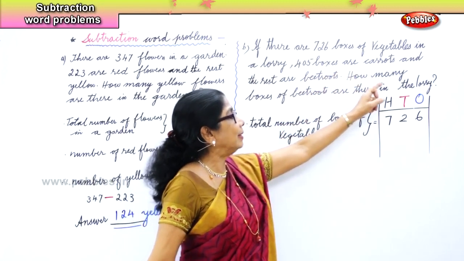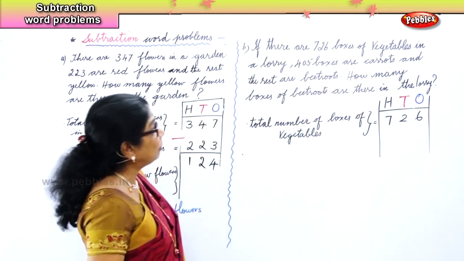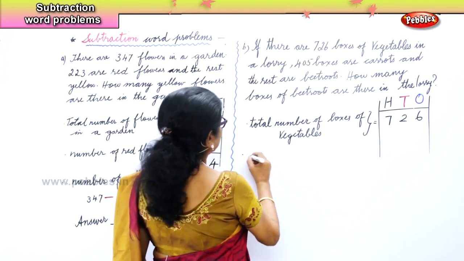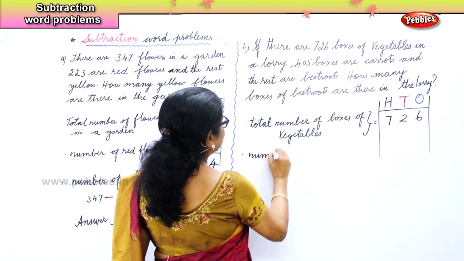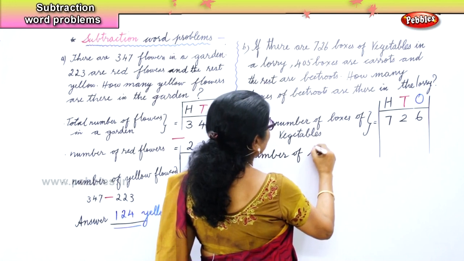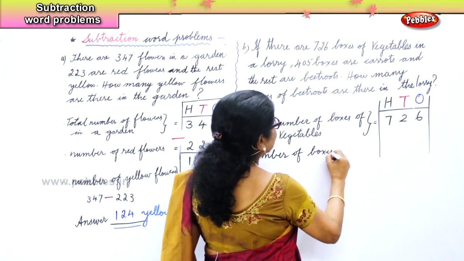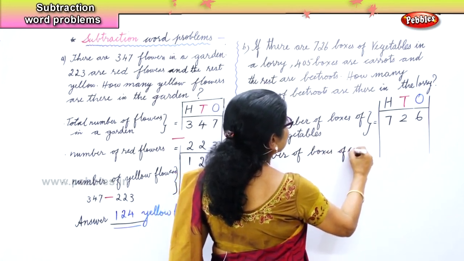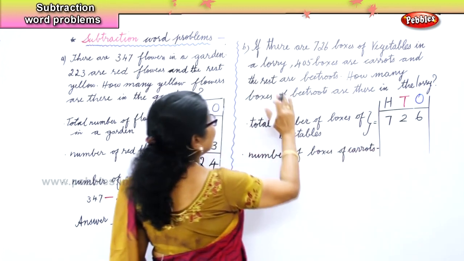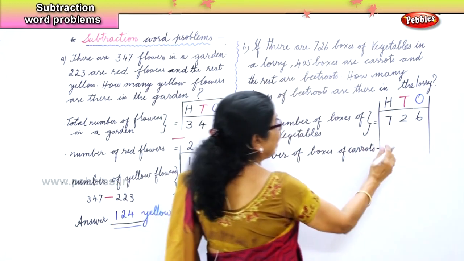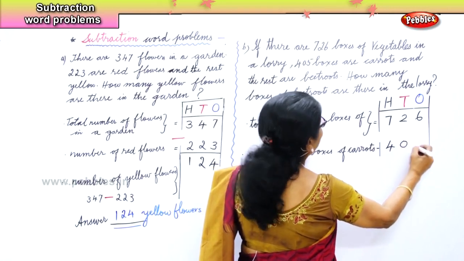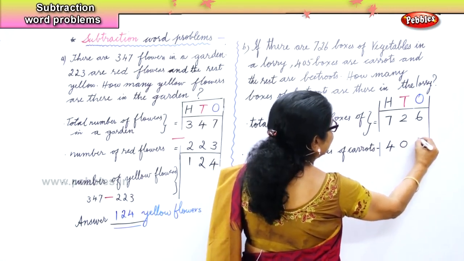405 boxes are carrots. So you'll write number of boxes of carrots. What is the number? 405.